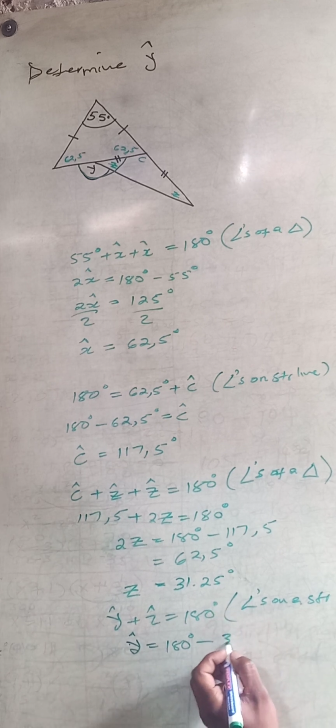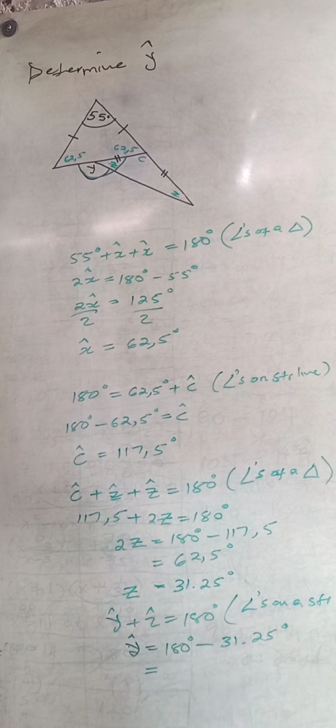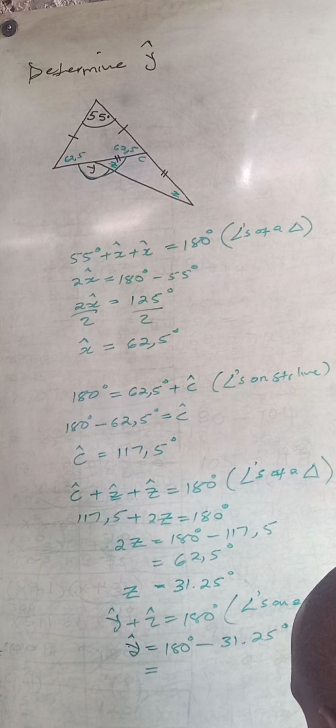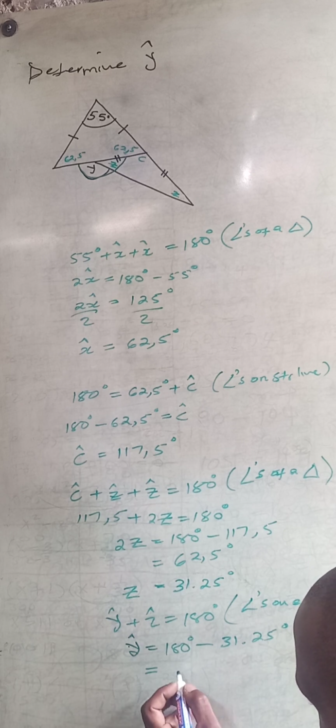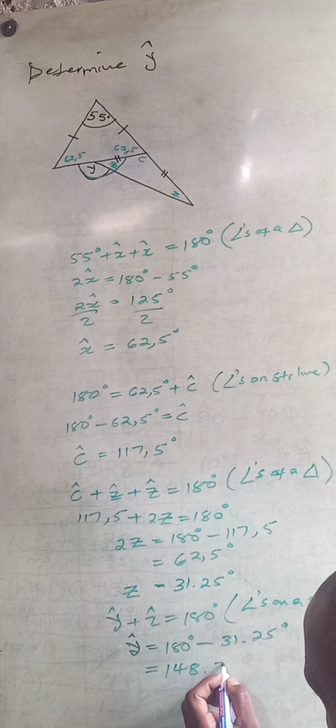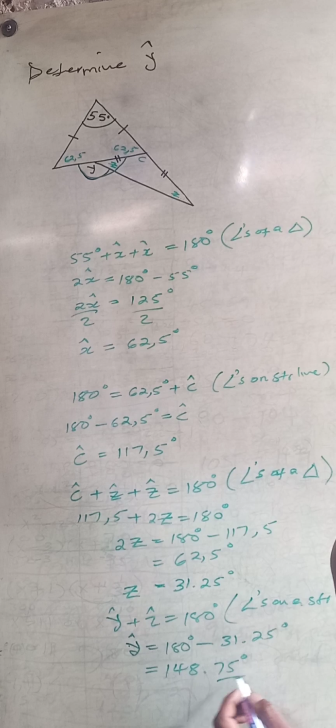Z is 31.25 degrees. So 180 minus 32 would be 148, and then we must add, so I think it's 148.75 degrees, if I'm not mistaken. Yeah, so this should be the final answer.